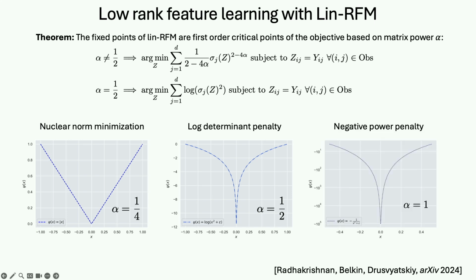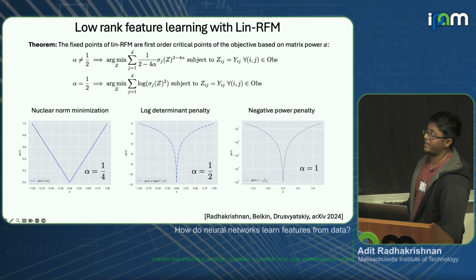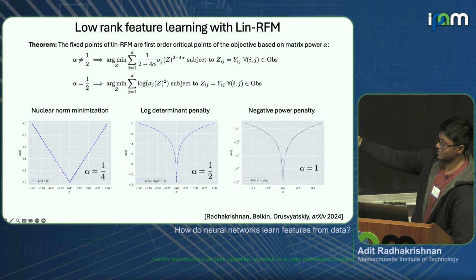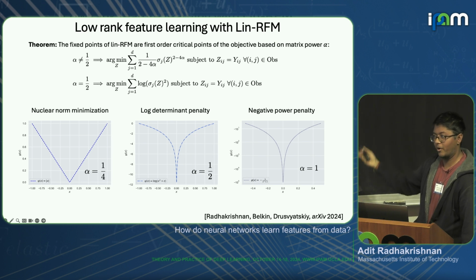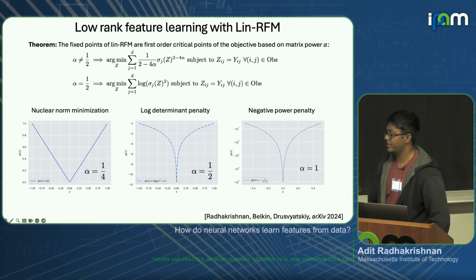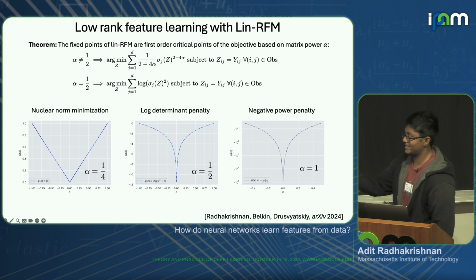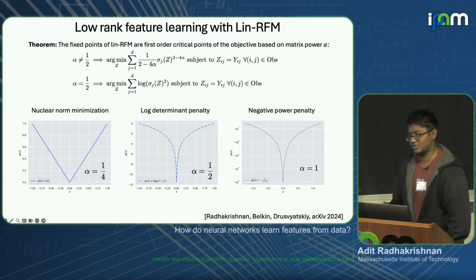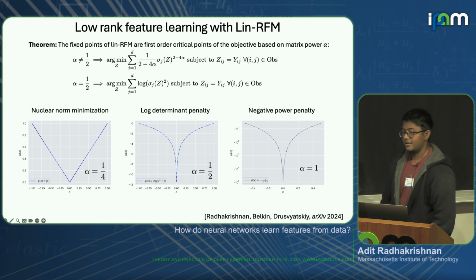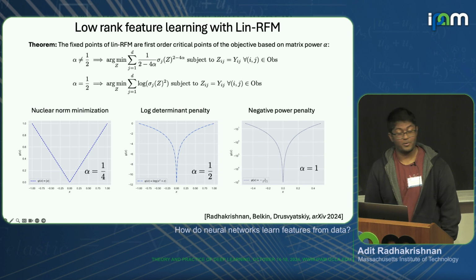If you go even larger, you get something that you can't recover from the implicit bias of deep linear nets, but it ends up being something that's quite useful for low-rank reconstructions, and it's this negative power penalty. So the signs in the theorem actually switch so that you get the right curvature for inducing sparsity. And it's just very obvious from the pictures. If you can actually minimize this objective, you're going to get a much, much sparser solution. Okay. Any questions on this part so far?